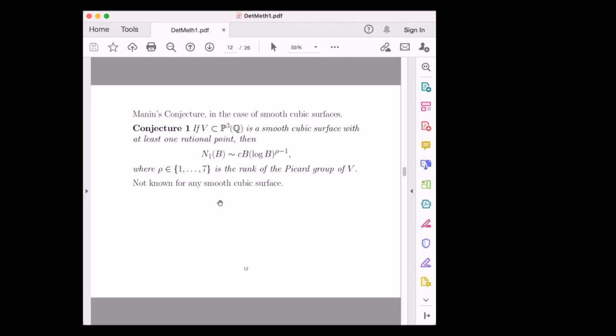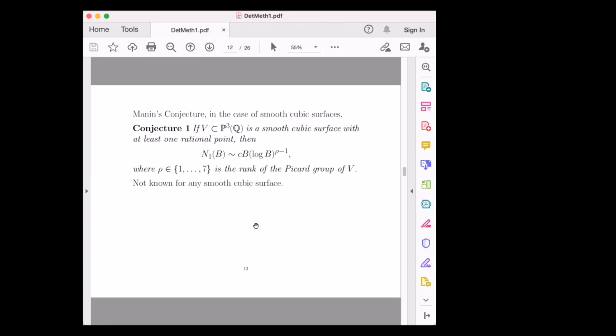Sadly, in the case of smooth cubic surfaces, we don't know of a single instance where this has yet been proved. But it's one of the main motivating questions in the study of surfaces.